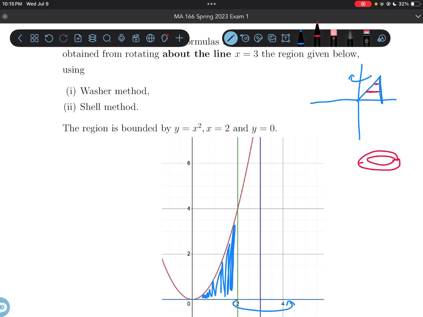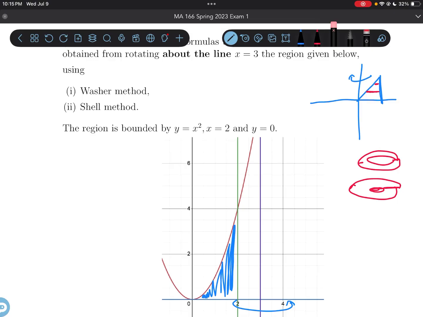If I rotate that top strip, I get a really thin disc, but if I rotate the bottom strip, I get something that looks more like this. You do that for each tiny strip in the 2D area, and then you add up the areas of all of those washers. That is how you find the volume of the solid. So that's the washer method.